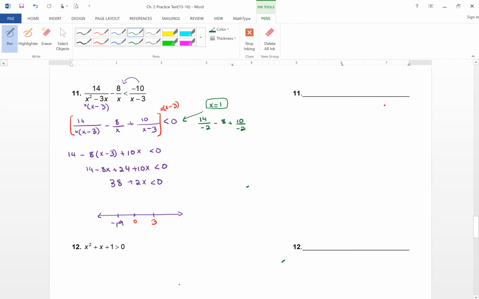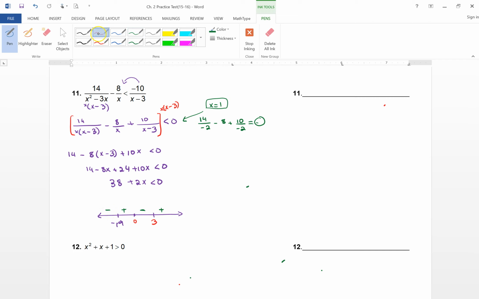Is that a negative or a positive number? I have a negative minus a number, so it's negative. So that was negative here. Okay. They all have odd multiplicities, so they're just going to alternate. So positive, negative, positive, negative.